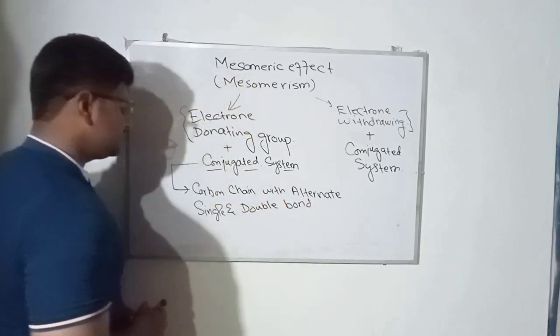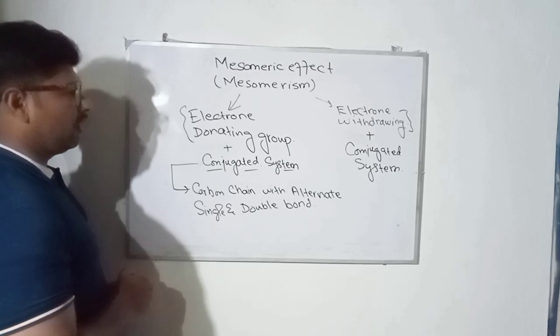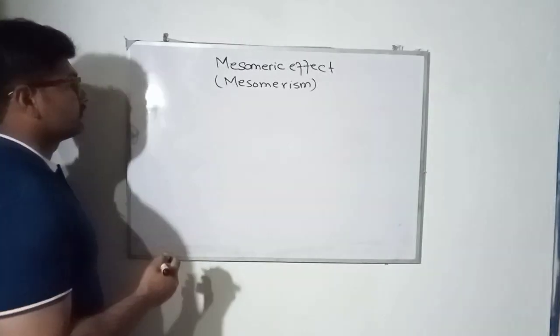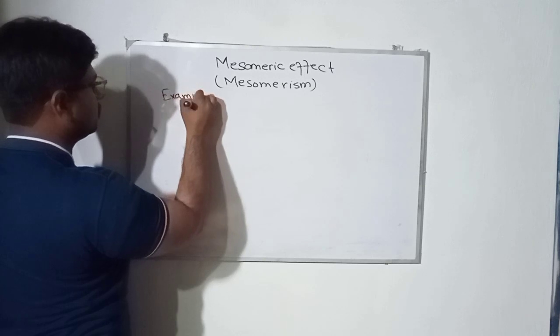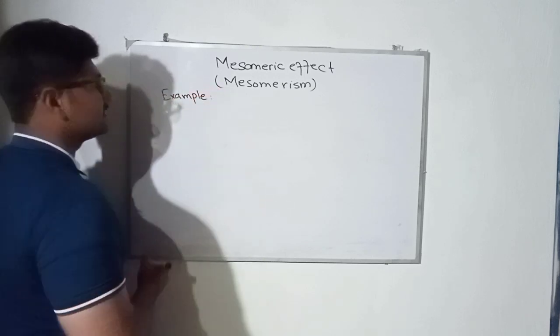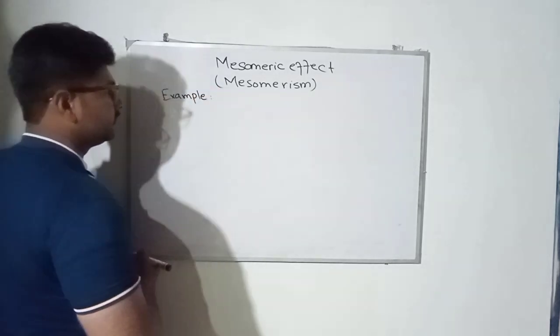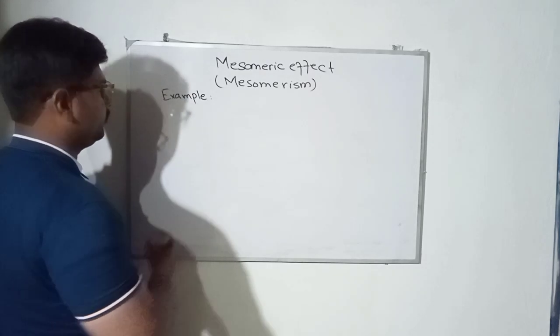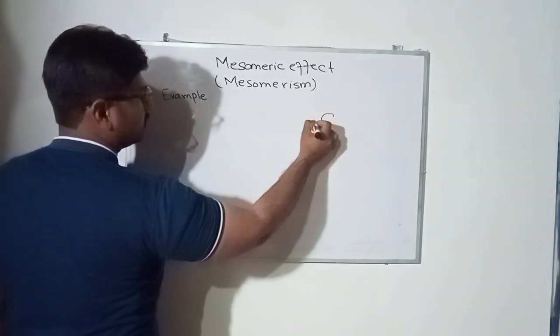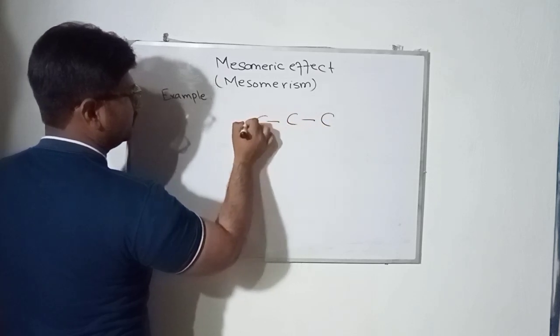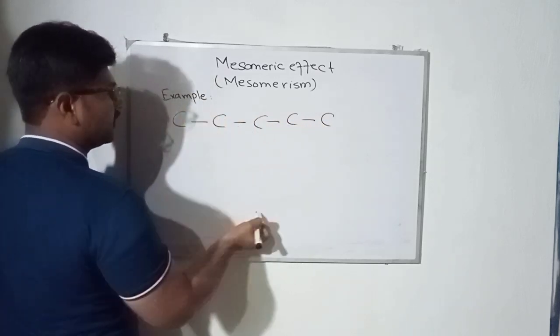Now it's easy for you to draw a conjugated system. Let us draw an example of a conjugated system attached with electron donating group. For example, we have a 1, 2, 3, 4, 5 carbon chain.